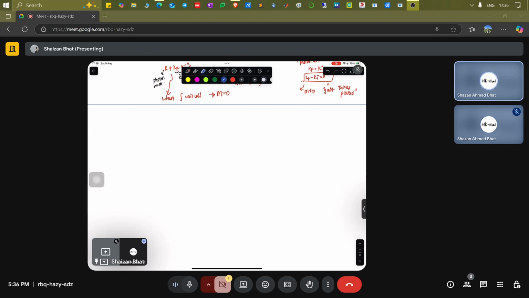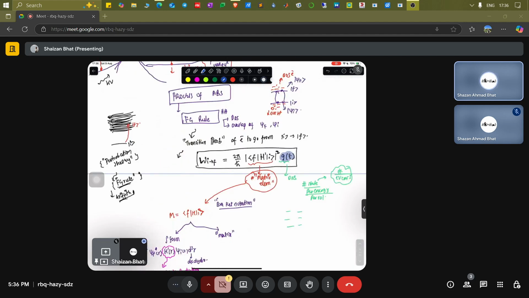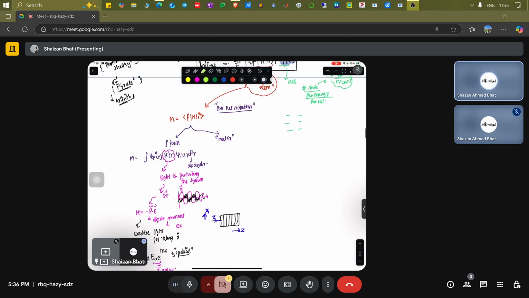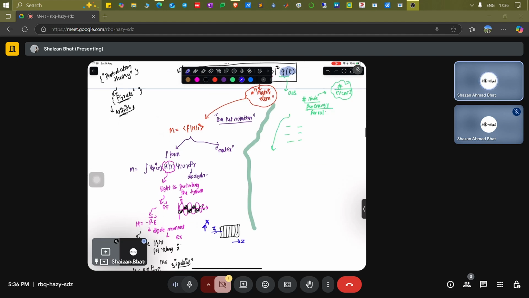The other part in this particular equation was the density of states. The density of states is basically how many energies are present between some energy levels. Let me draw it like this.